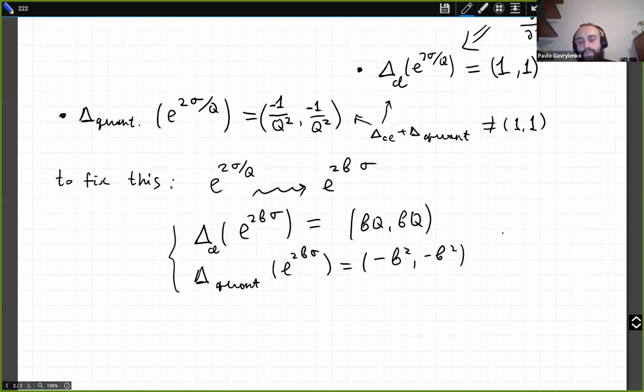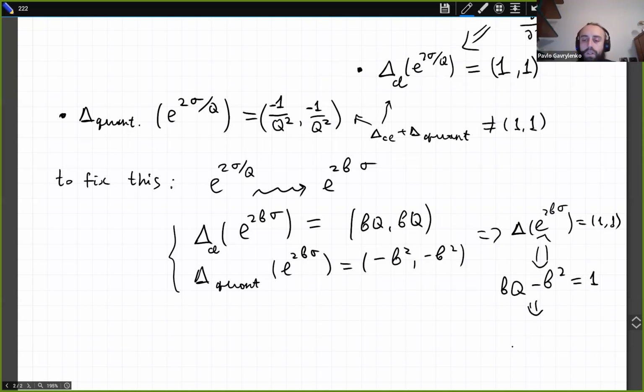So delta of e to b sigma equals 1 is equivalent to the equation bq minus b squared equals 1, which means this parameterization: q equals b plus b inverse.